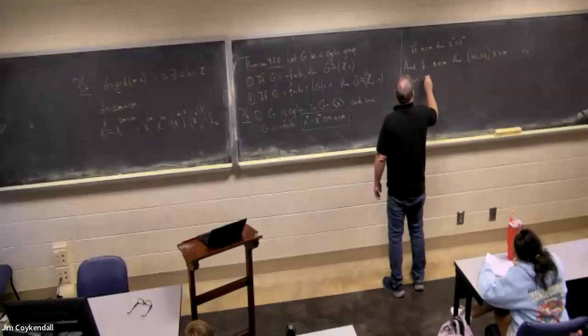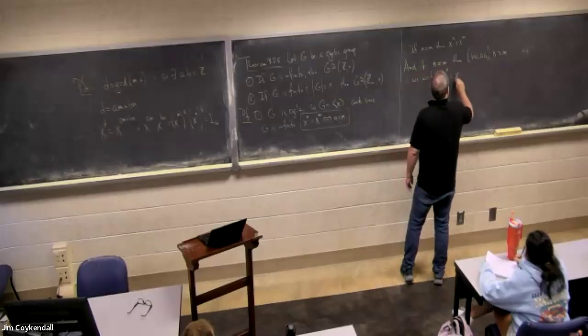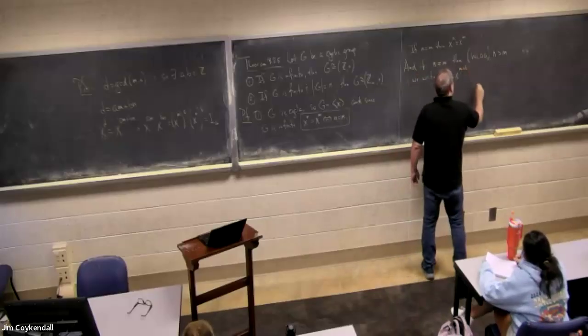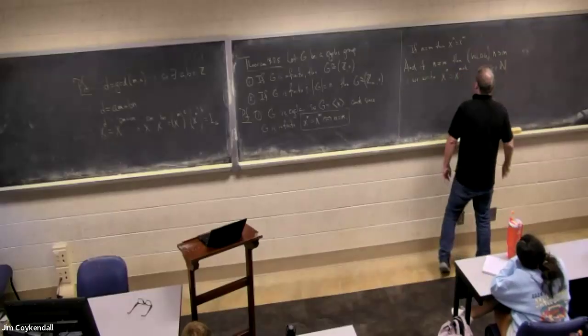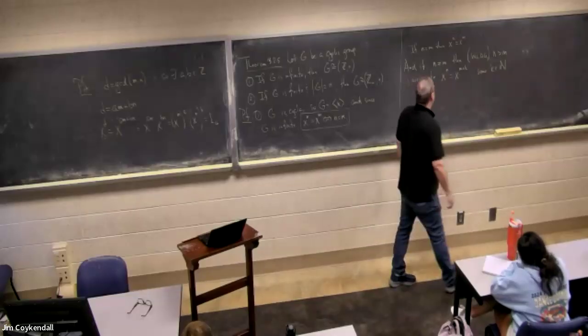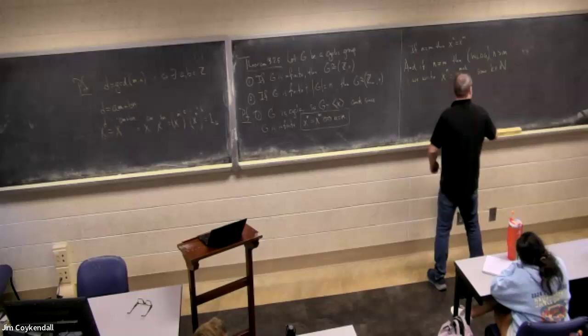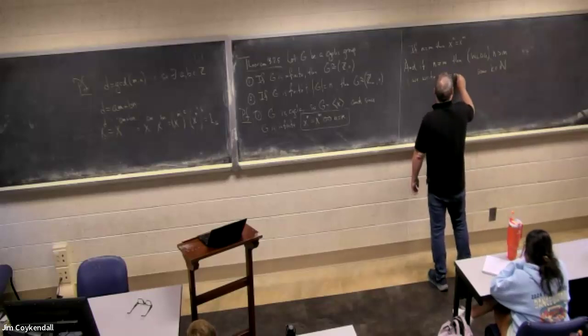And by assumption x to the n is x to the m plus k, some k in the natural numbers. Sorry, I'll write n equals m plus k.